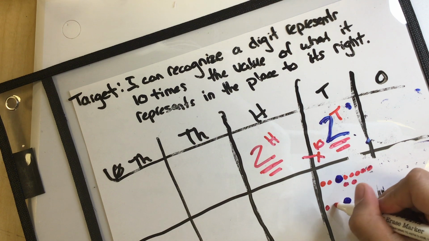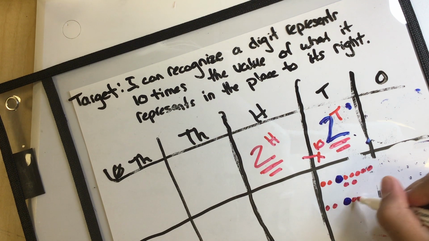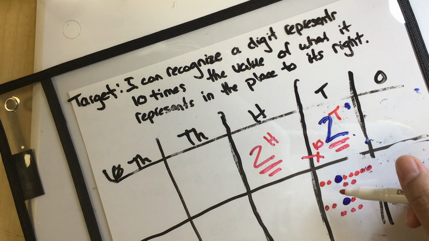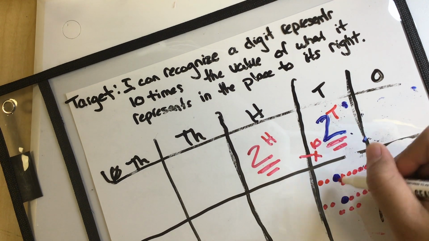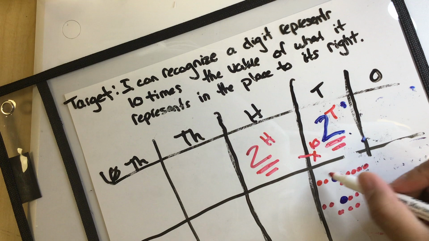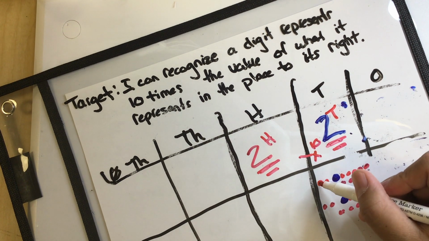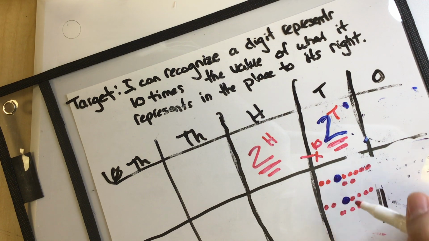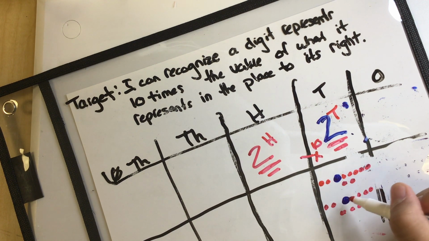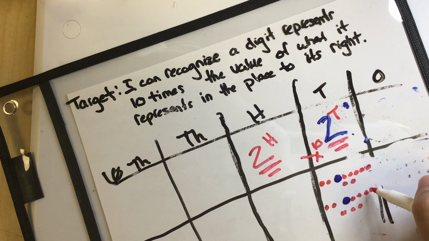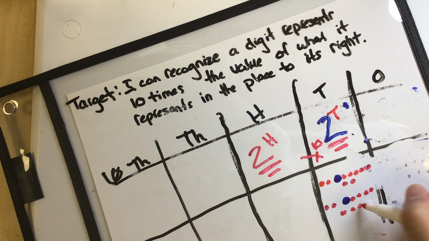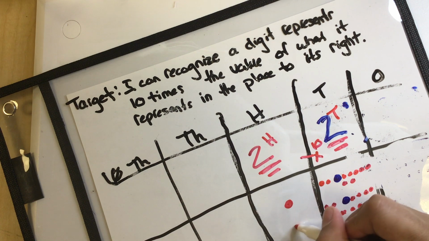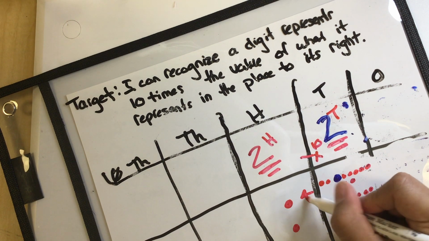And then 2, 3, 4, 5, 6, 7, 8, 9, 10. If we count these by tens, because we multiplied these 2 dots by 10, let's see what happens. We got 10, 20, 30, 40, 50, 60, 70, 80, 90, 100, 110, 120, 130, 140, 150, 160, 170, 180, 190, 200, which means we would just have 2 hundredths right there.